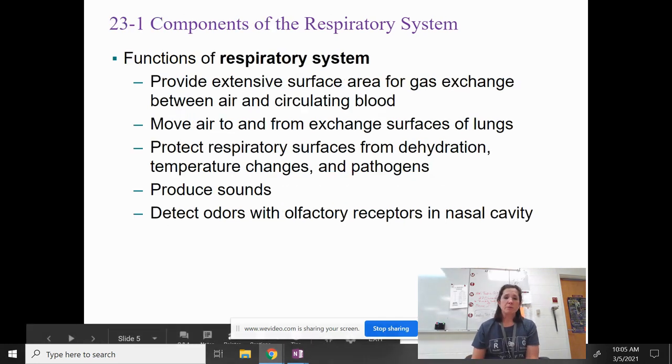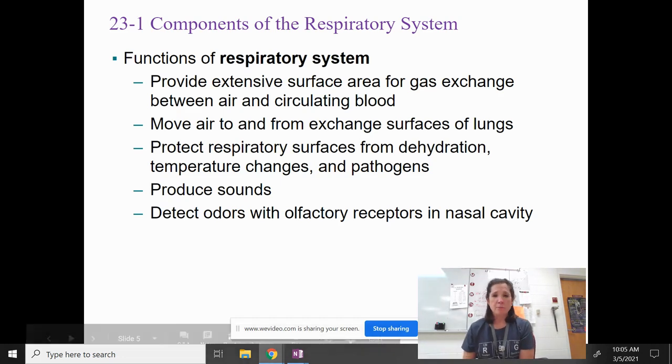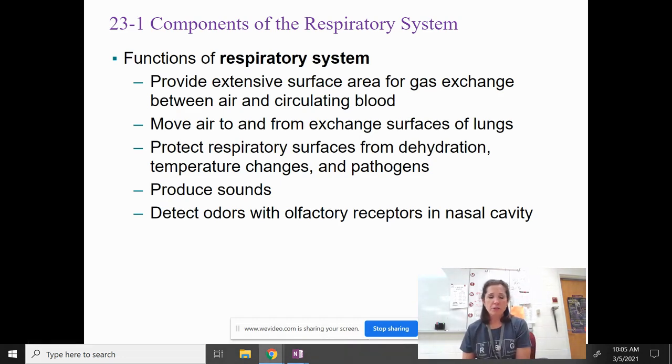So, functions of the respiratory system. This will be a slide that you should pause and maybe jot down some notes. The respiratory system has a lot of functions. We can start with some basic things. Your nose is part of the respiratory system, and it allows you to smell. The larynx is part of it and allows us to produce sound.